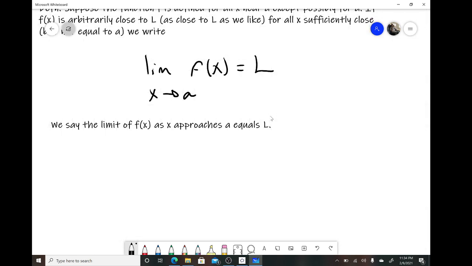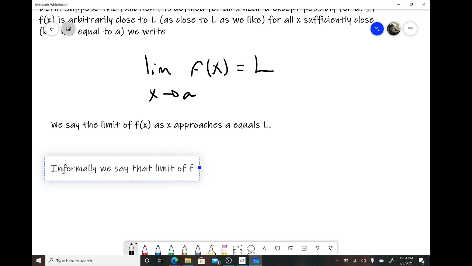And this is true for any function that has a limit. If the limit exists, then we can find it. So again, informally, we say that the limit of f of x equals L. I'm going to write it like this because if I'm typing, I cannot write limit as x approaches a.